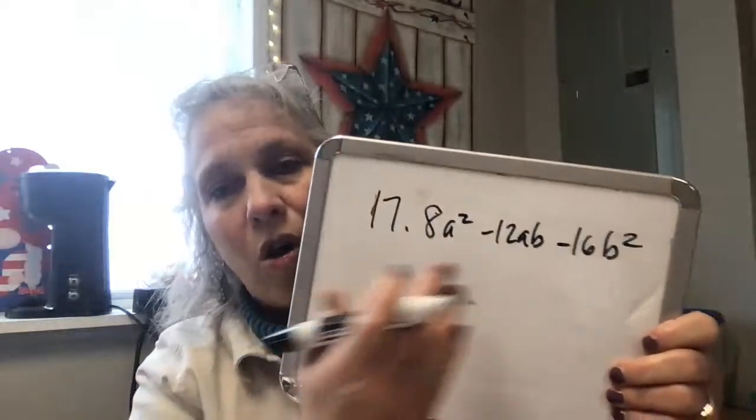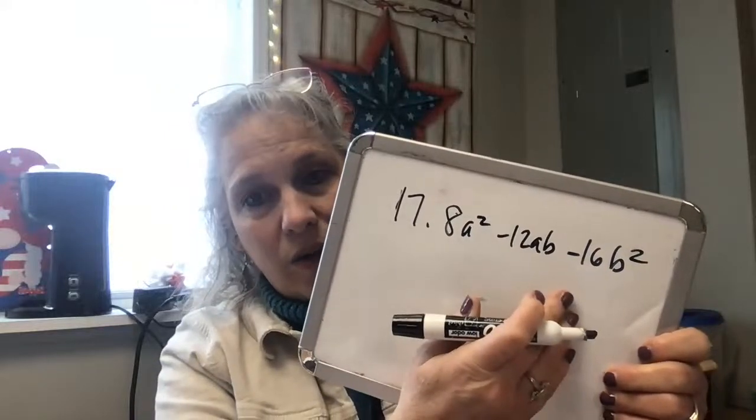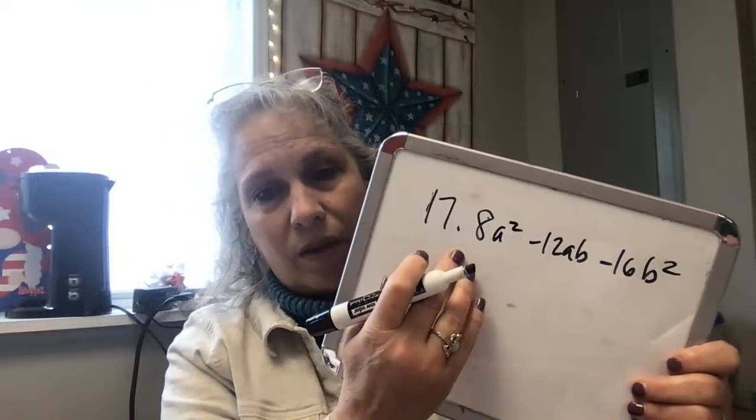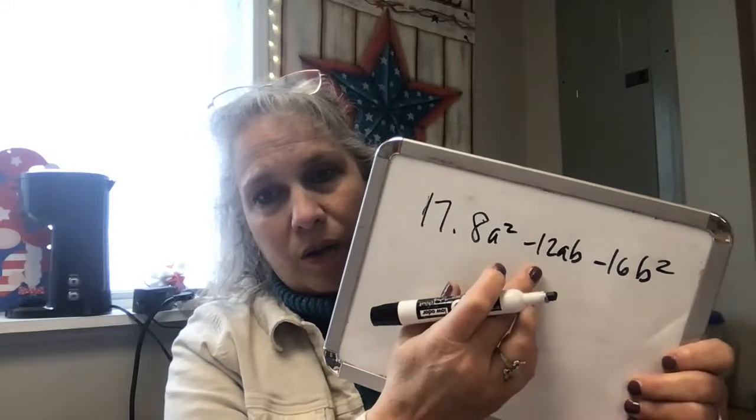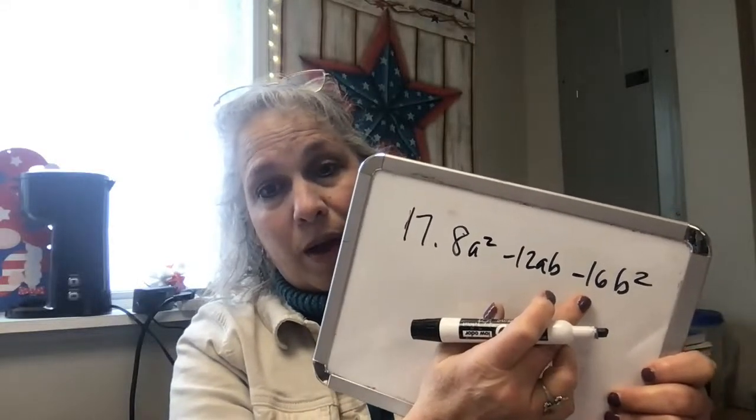So number 17 says 8a squared minus 12ab minus 16b squared. What is common to all? They do not all share a letter, but 8 is divisible by 4, 12 is divisible by 4, and 16 is divisible by 4. So it looks like I'm going to factor out a 4.